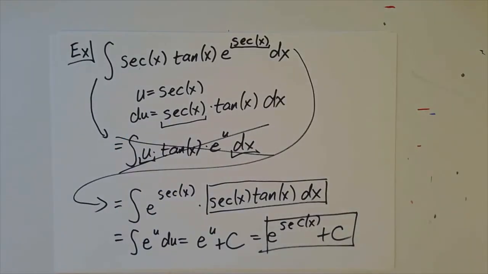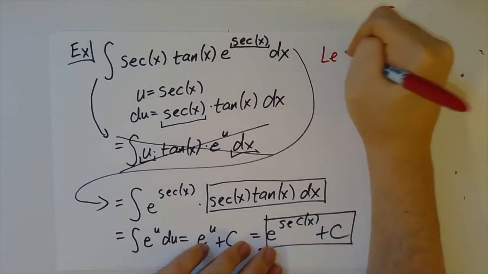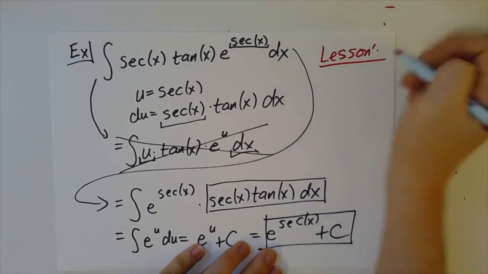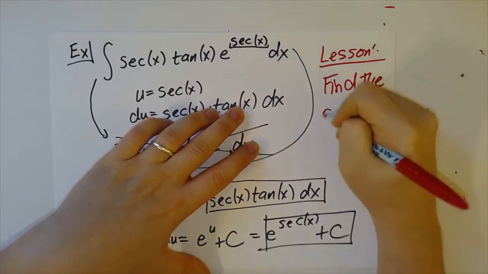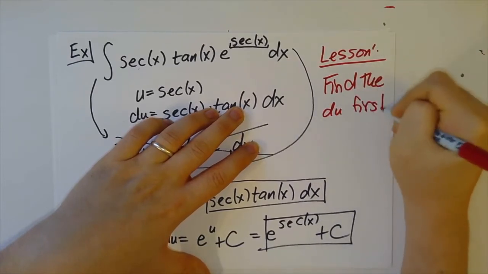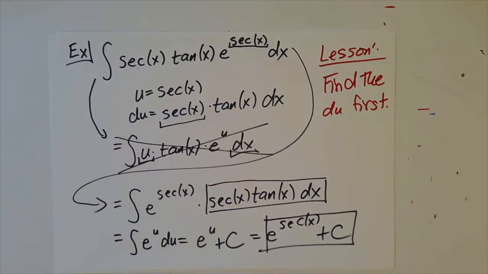So that's the lesson. Find the du first. And then after you've found the du, go back and try and translate everything into u's. Because you don't have any idea how many u's you're going to use, but you know you're going to use exactly one du.